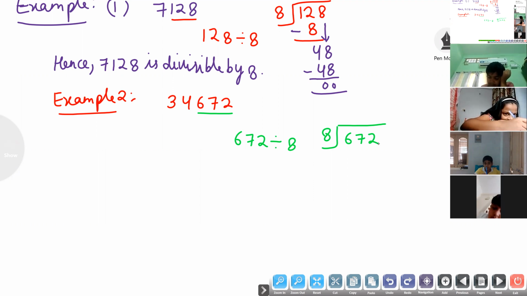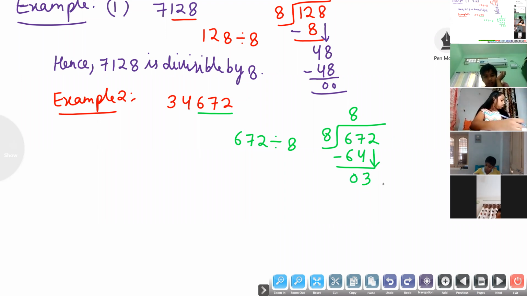We will read an 8 table less than or equal to 67. 8 eights are 64. Subtraction, 3. Bring down 2. Now we will read an 8 table less than or equal to 32. 8 fours are 32.